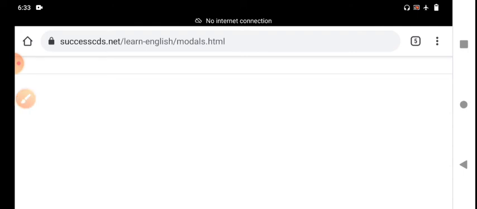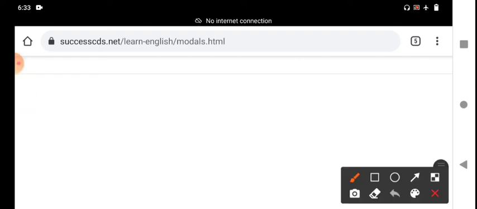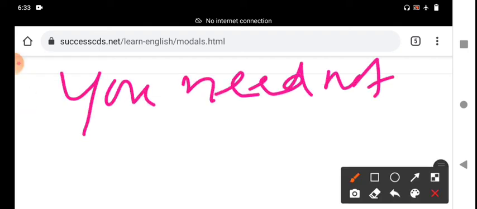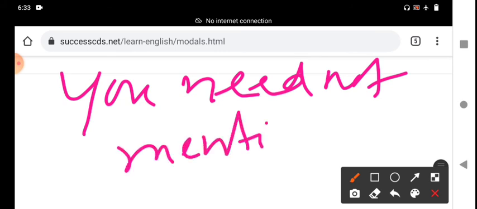For example, you need not mention this to your father. Mention is a V1 verb. You need not mention this to your father.